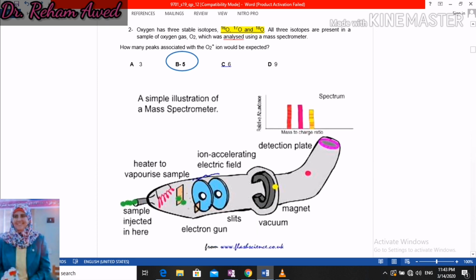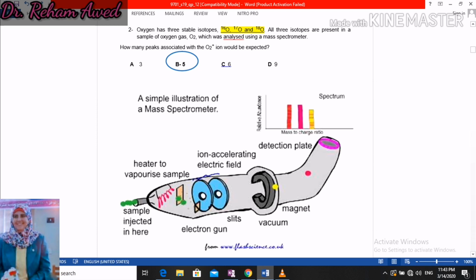In the mass spectrometer, we will use a sample of a substance. The sample will be injected into the mass spectrometer, and it will be heated at high temperature until vaporization. After vaporization, we will ionize the particles.